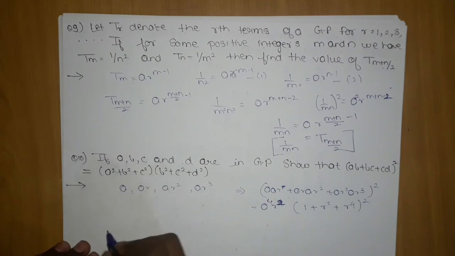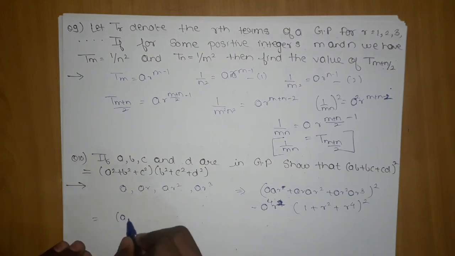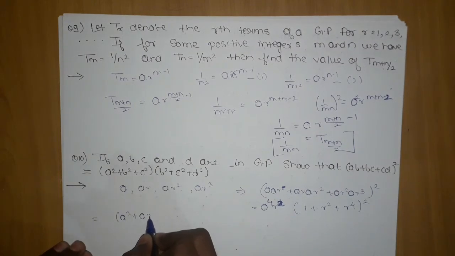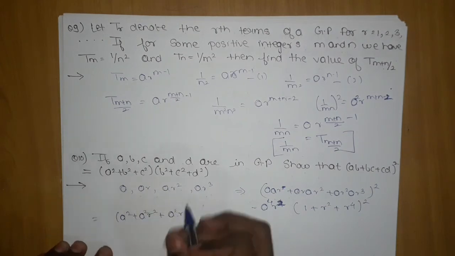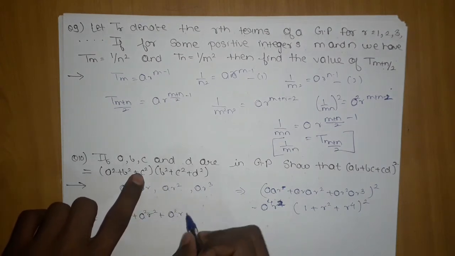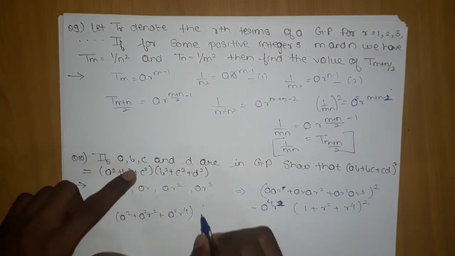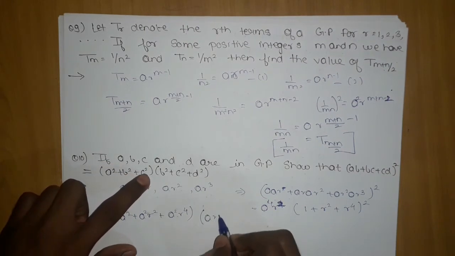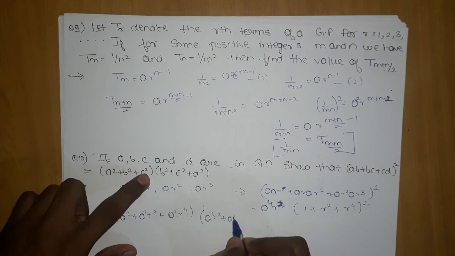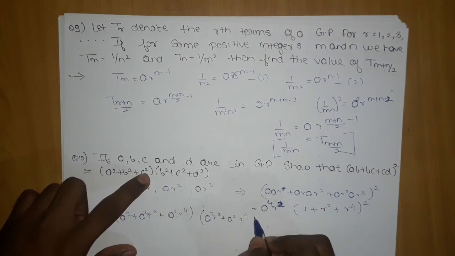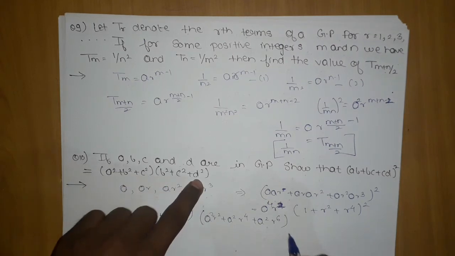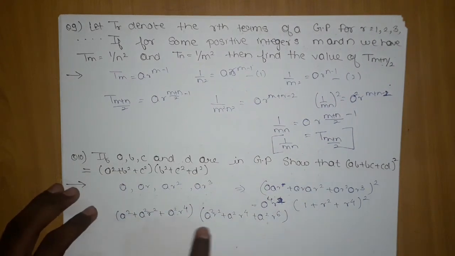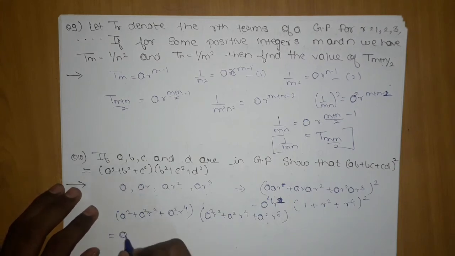Okay, now what we can do here, it will be a square plus a square into r square plus a square into r raised to 4. Similarly here it will be a square r square plus a square r raised to 4 plus a square r raised to 6, because it is cube. Now if I take out a square from here, I get a raised to 4.